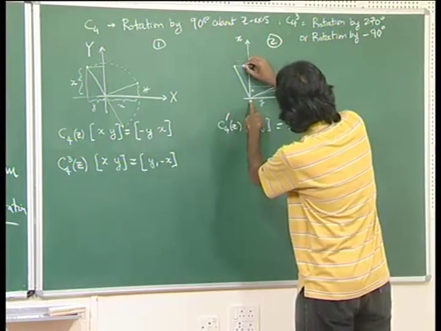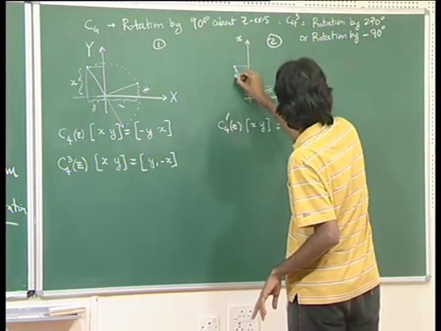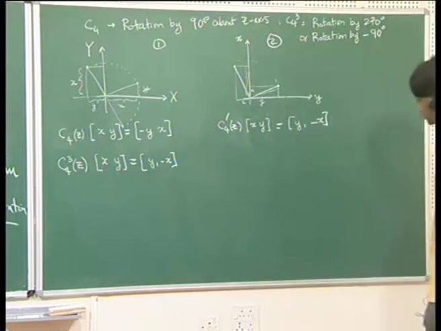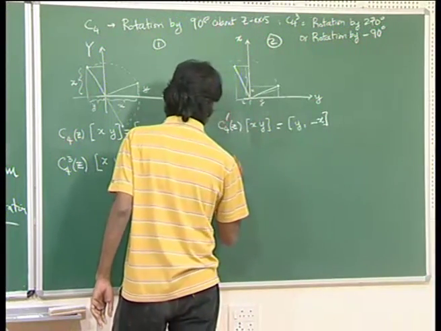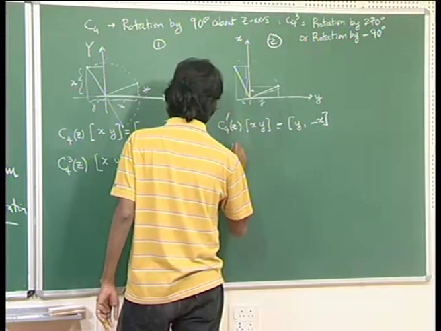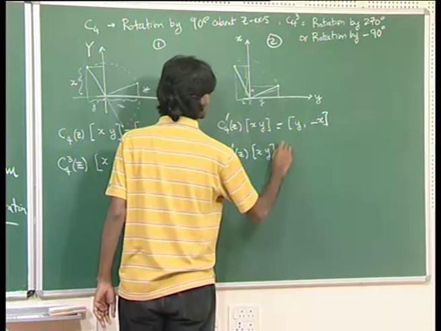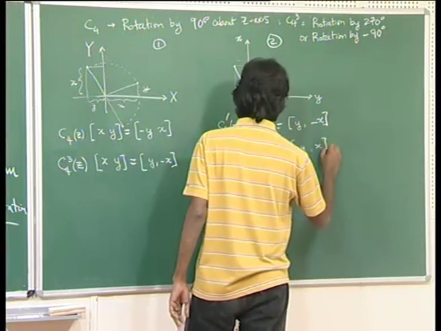So you can see that the x coordinate of this new point is same as y. So this is y, and the y coordinate of this new point, which is this distance, that is minus x. Similarly, C4 cube prime of z of x y is equal to minus y x.